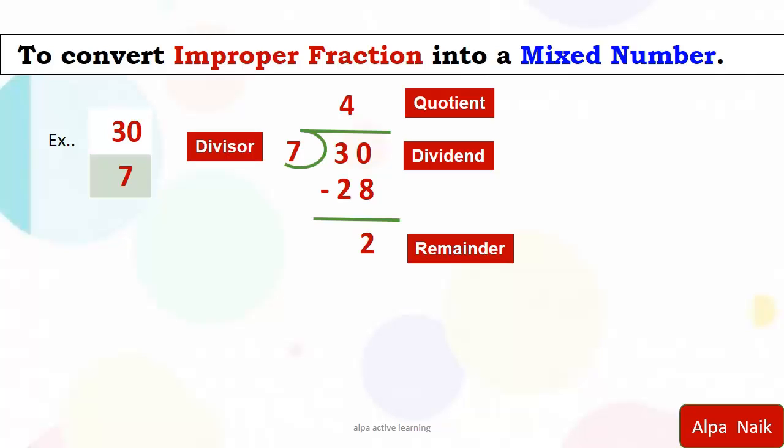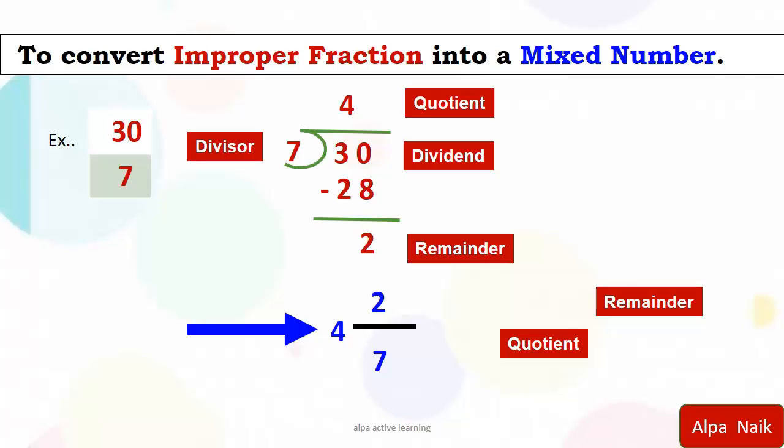Now how to write this in a mixed number? So to write this, first thing, we write the divisor in the denominator. Clear? Now whatever is the quotient, we write as a whole number. Quotient is written as whole number and the remainder is written as numerator. Write the divisor in the denominator, write the quotient as a whole number and the remainder in the numerator.